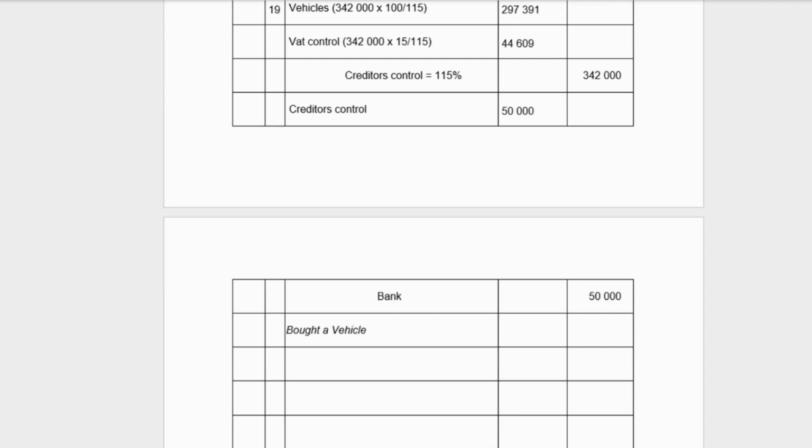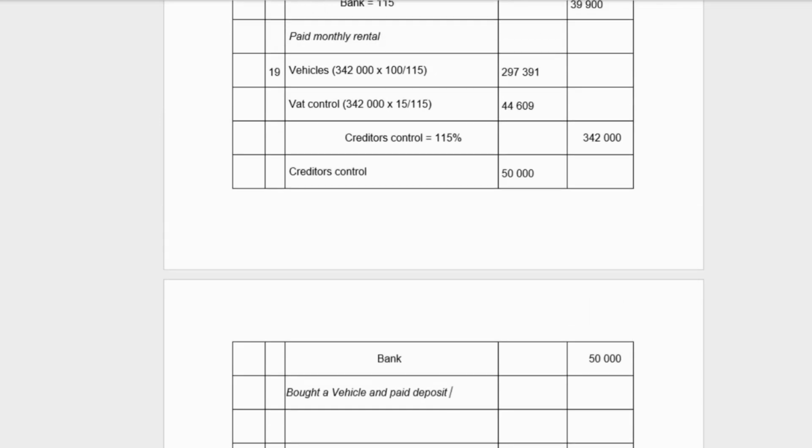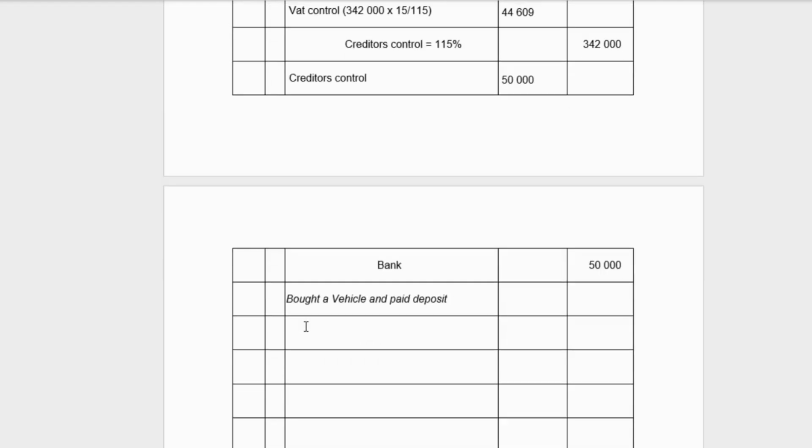So bought a vehicle and paid deposit. Okay, then that's all. You have recorded transaction 19. Okay, and then we can go to the next transaction. It's just easy as this. So please make sure you go and collect marks when you get a question like this.